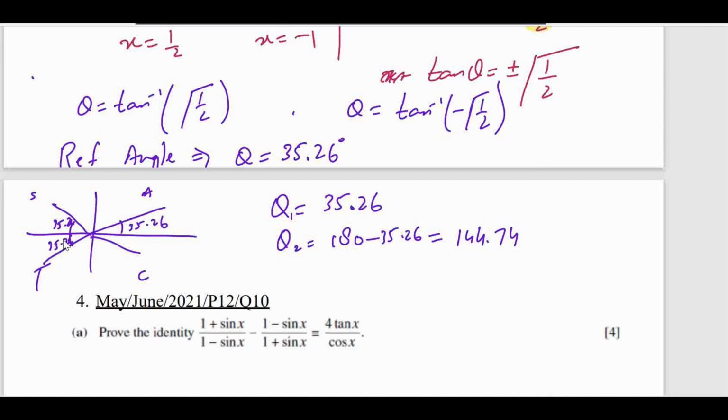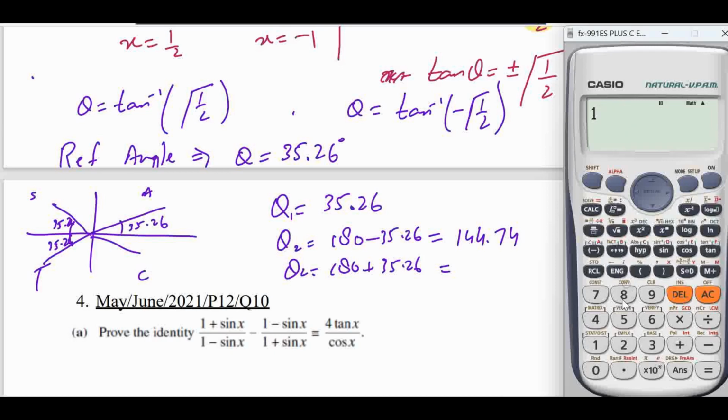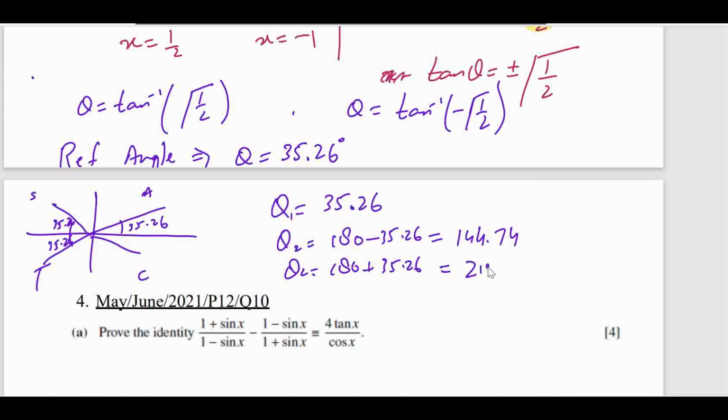Then the next one will be 180 plus 35.26. So 180 plus 35.26 will be equal to 215.26.